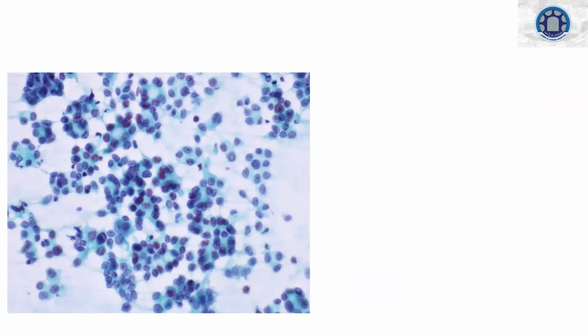Second is acinar cell carcinoma. Third is solid pseudopapillary tumor. And fourth is pancreatoblastoma. Pancreatoblastoma is usually not kept in exams. The other 3 are kept. Which are they? Acinar cell carcinoma, neuroendocrine tumors, and solid pseudopapillary tumors.